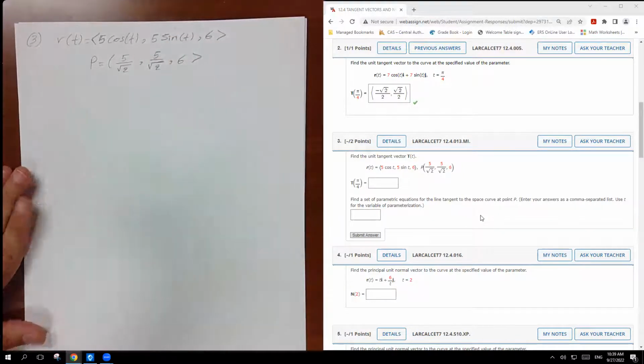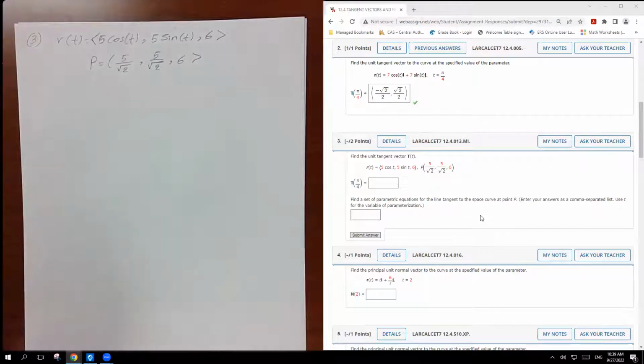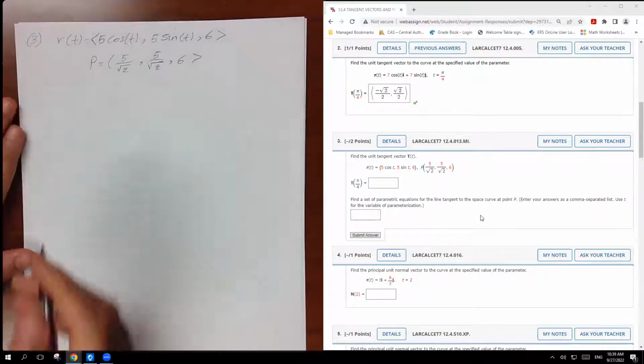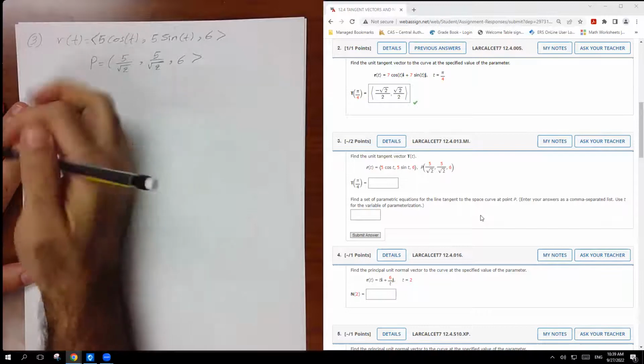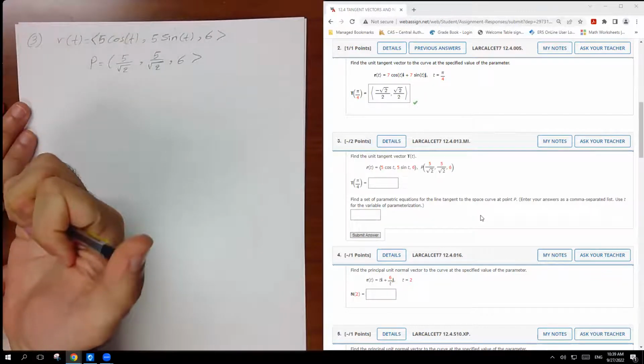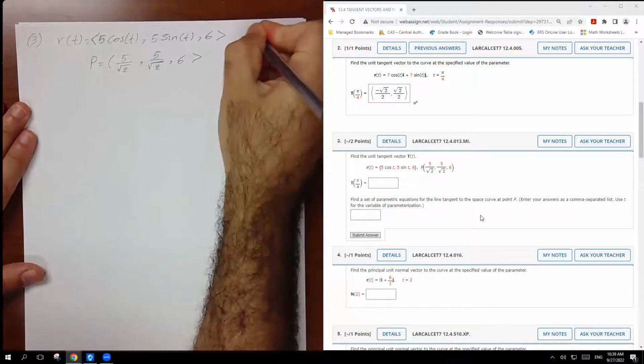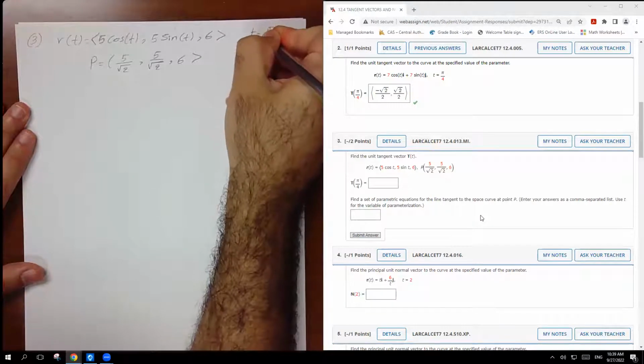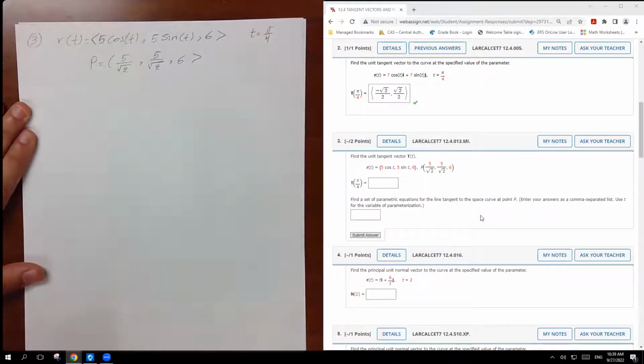Let's check now. The first step, we're just going to need to find the unit tangent vector. So exactly the same steps with respect to t. They already give you t equal to pi over 4, because you see, tangent vector at pi over 4.